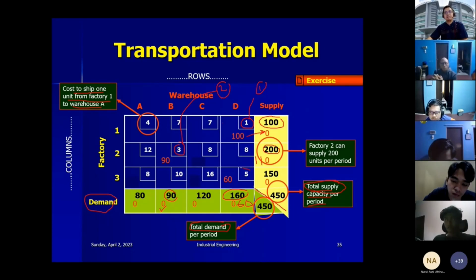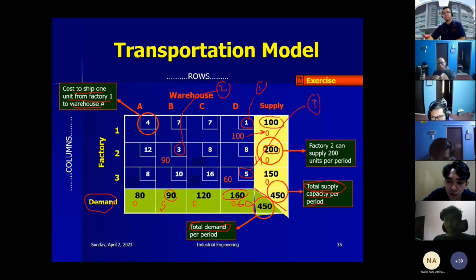It will be number 5. Why? Because there is supply 0 in our row here, we cannot put any units in order to supply because the balance is still 0. So we want to find which one still has a balance. So 5 is number 3.